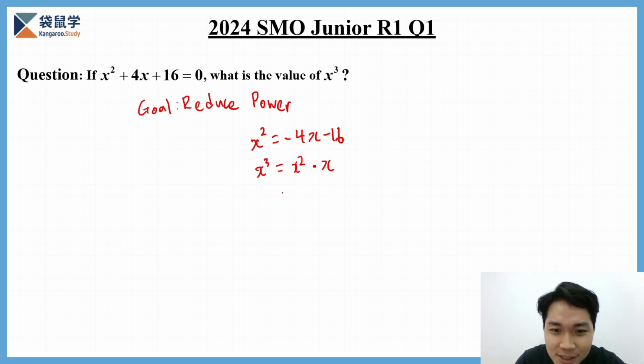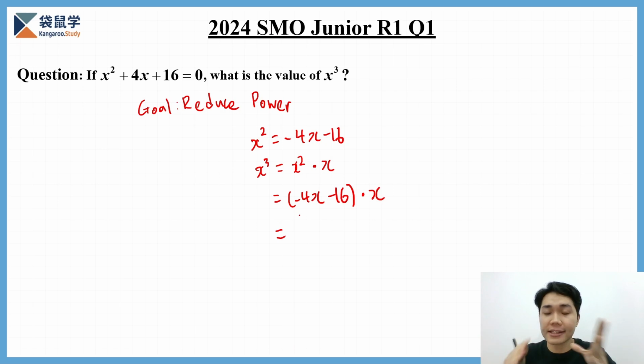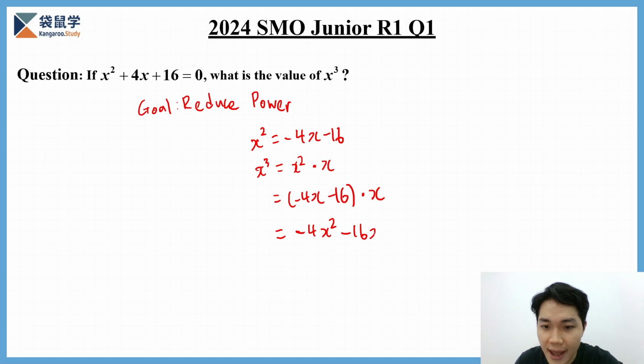We have x squared is negative 4x minus 16, multiplied by x. And when we open the brackets or expand, we get negative 4x times x, negative 4x squared, negative 16 times x, we get negative 16x.